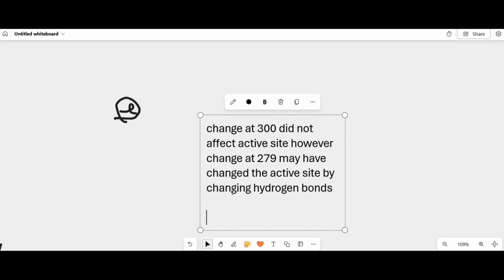So it turned positive, and it was negative before. For both of them, both amino acids changed into the same thing, so you can just say negatively charged to positively charged.